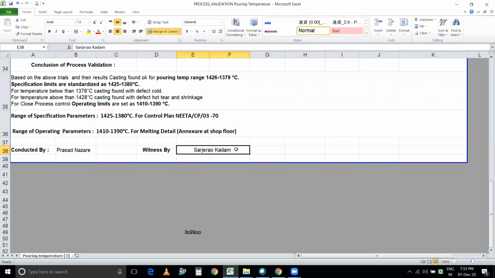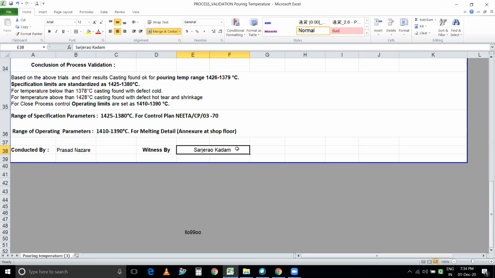Of course, for a validation, the production person should witness the validation process so that he can understand, okay, for this range it is going okay, and for that range it is going defective. So a quality person, development person, and production person, at least a development person and production person, should witness the process.